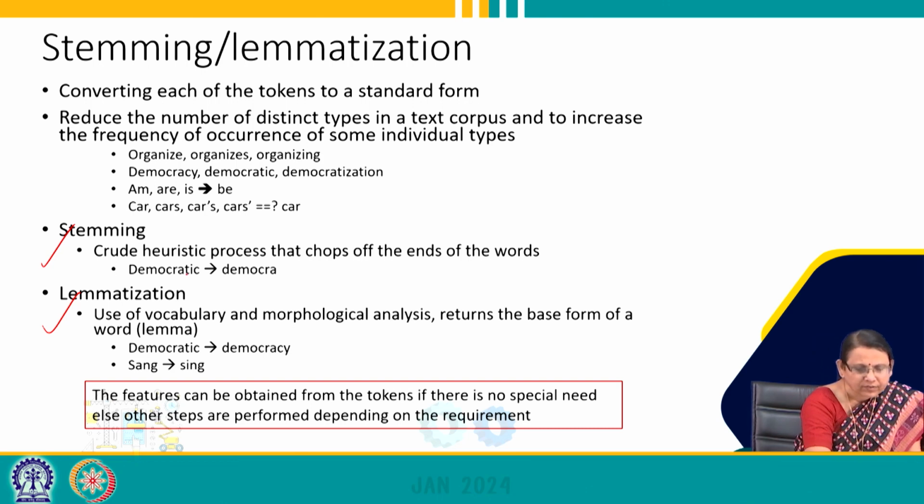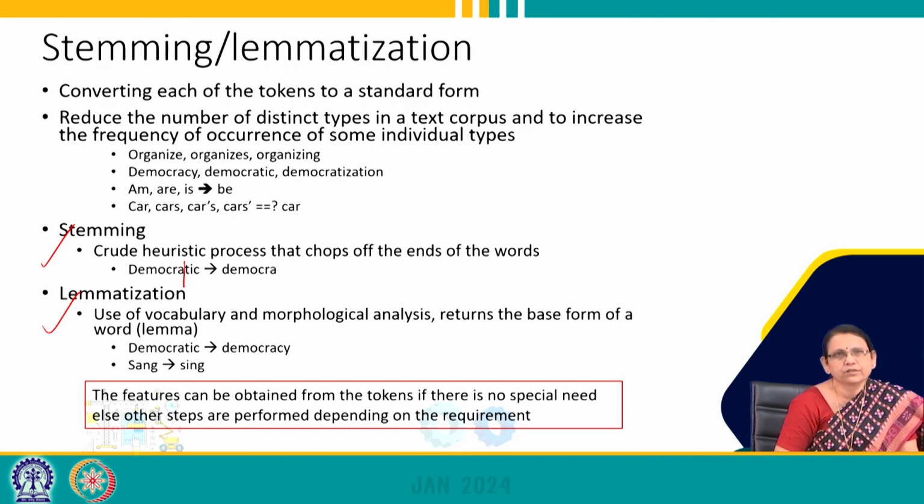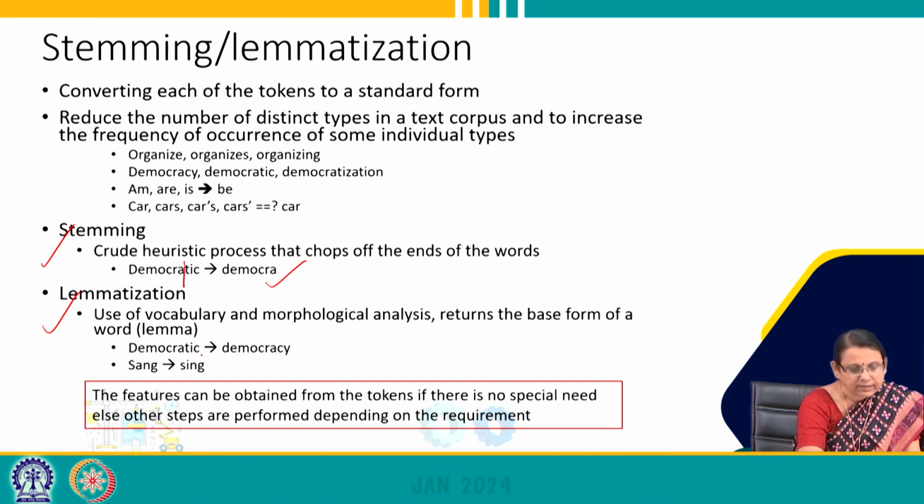For example, you decide to take up to this many letters, and this is the stemmed word. But in the case of lemmatization, you have to find out the root word. For example, democracy is the root word of democratic, and sing is the root word of sang.